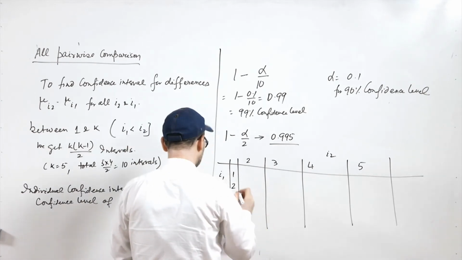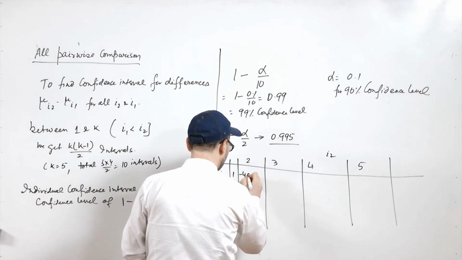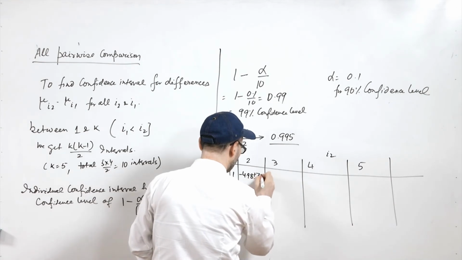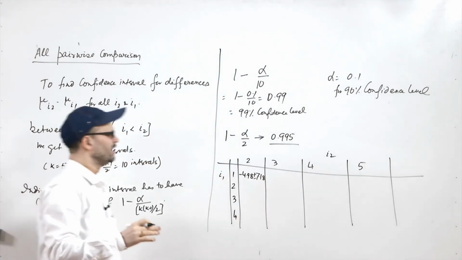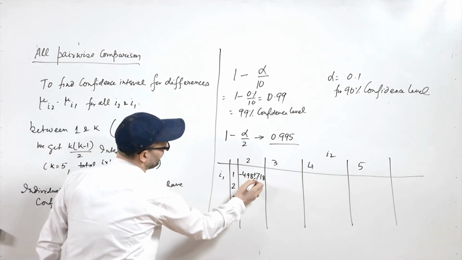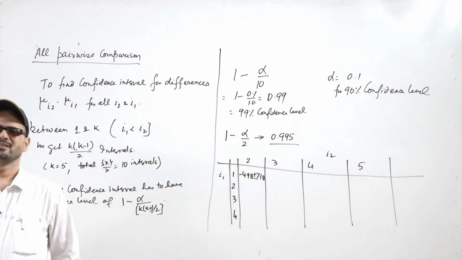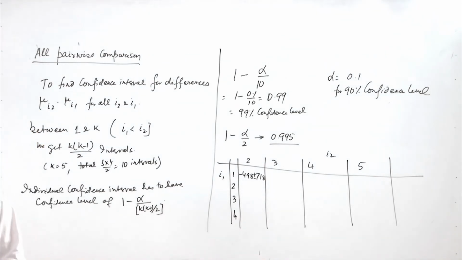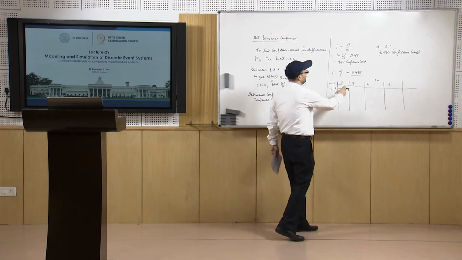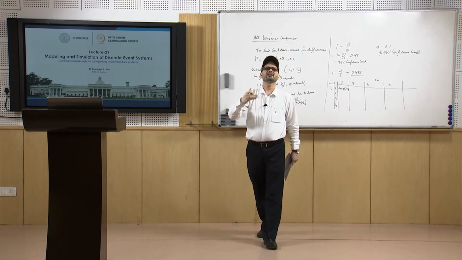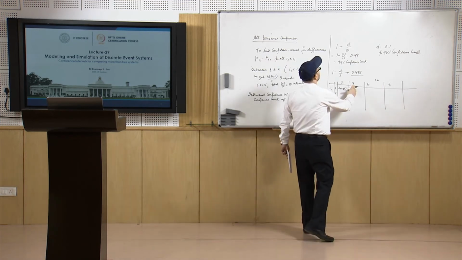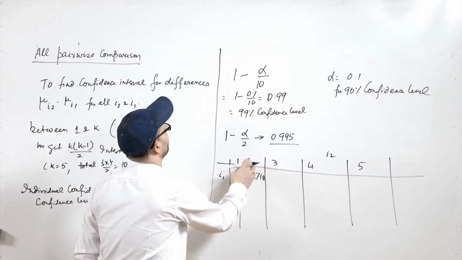That comes out to be minus 4.98 plus minus 7.18. You can check that every time this half length is changing, because the value of alpha and the number of intervals keep changing.